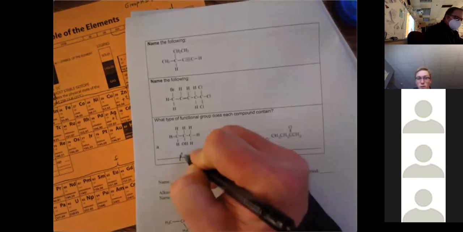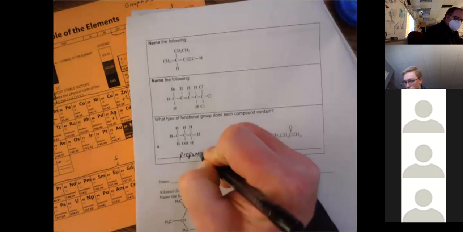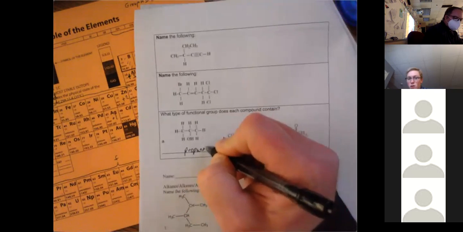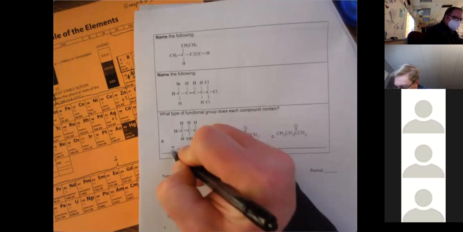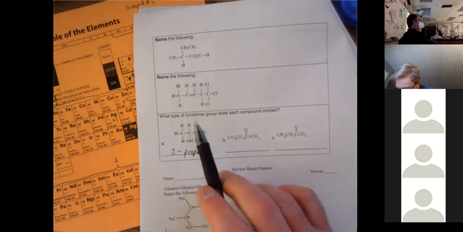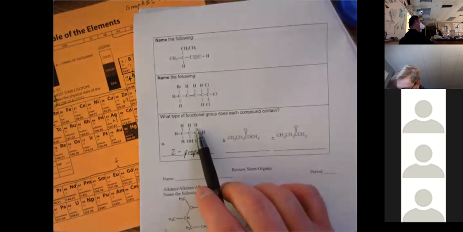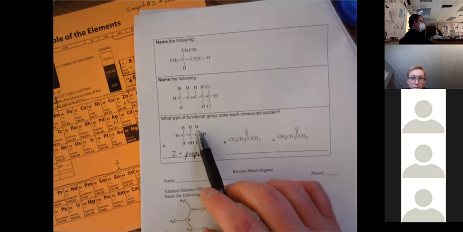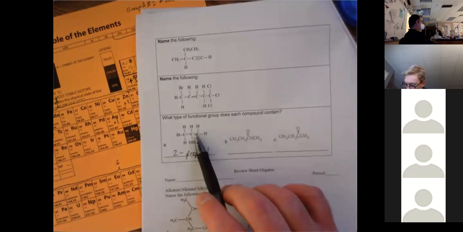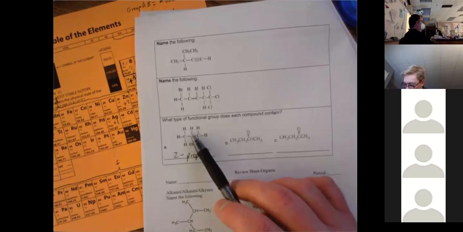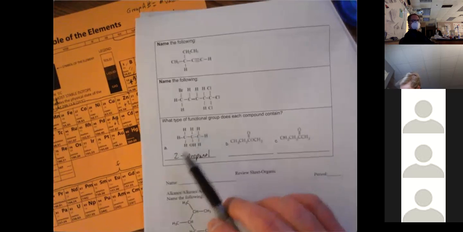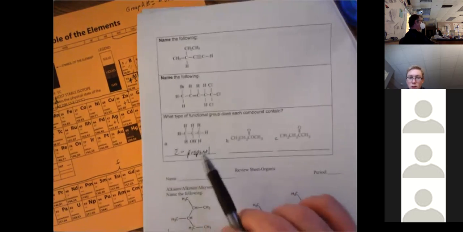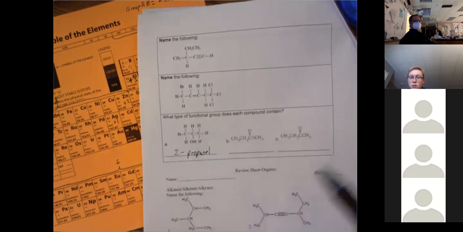Or 2-propanol. Actually, it has to be 2-propanol. Yeah. Because we could also have that on a primary carbon. Does everybody know what a primary carbon is? It's a carbon that's like a CH3 on the chain. This would be a secondary carbon. We need to make sure that we have that 2 there to identify that it's on a secondary carbon.